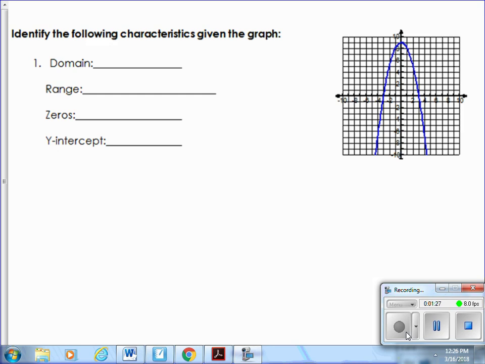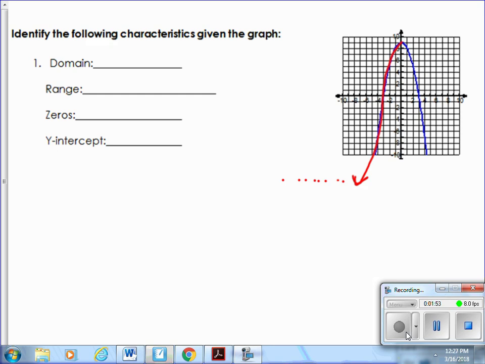So if we look at this graph, and we go to the left of this graph and we trace it, as we go out to the left, it keeps going and going and going, and really there would be an arrow on the end of this. There is no spot going out here to the left where this graph would ever stop. It would never have like an end point.